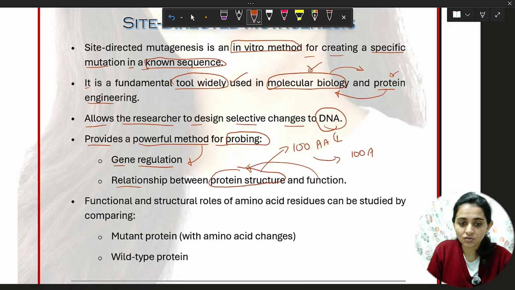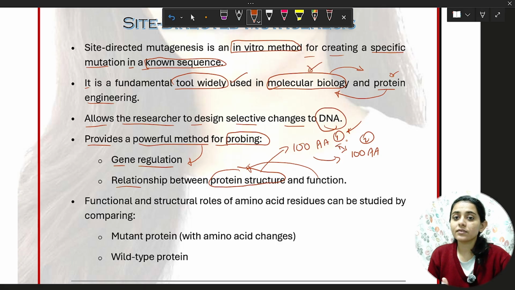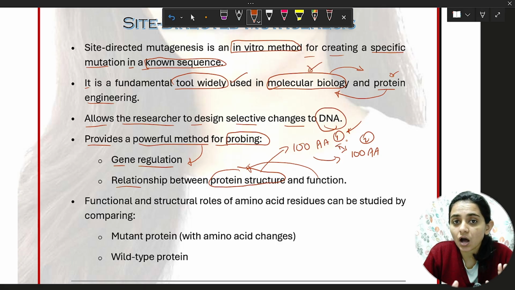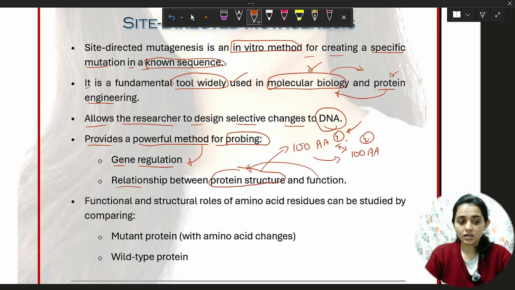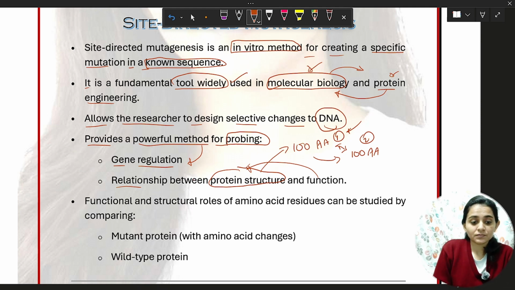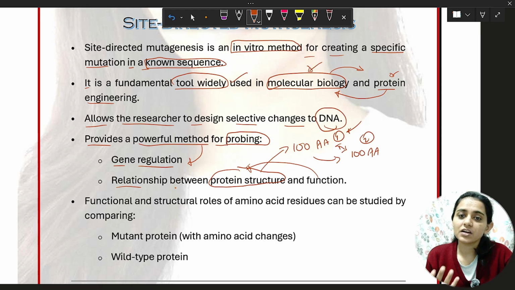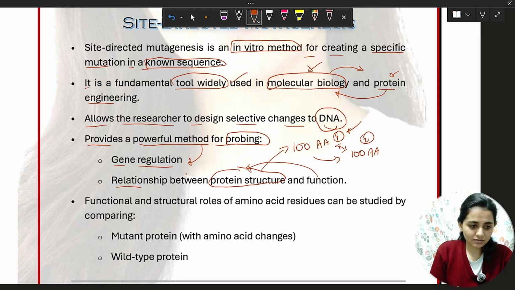This one is one protein, this is a second protein, but the structure of this protein is different from this protein. So we see that these two proteins are functioning differently. Then how does this happen? So we can understand that type of relation, the relation between structure and function.